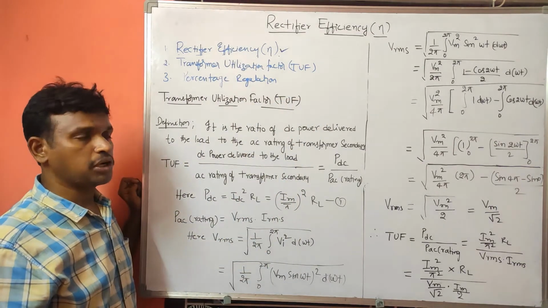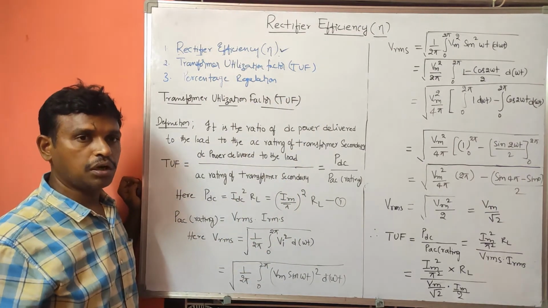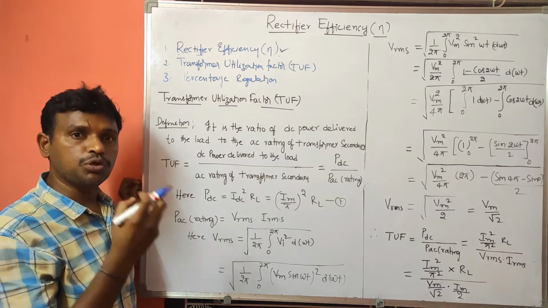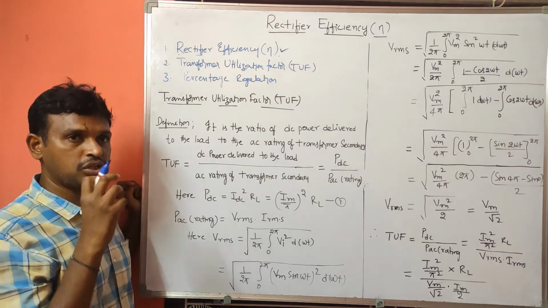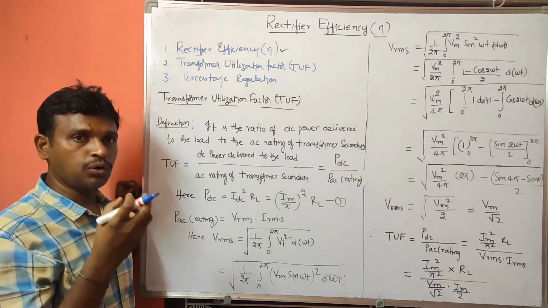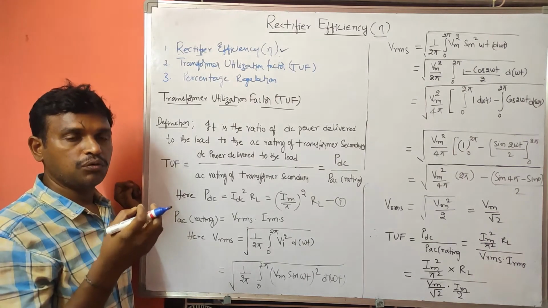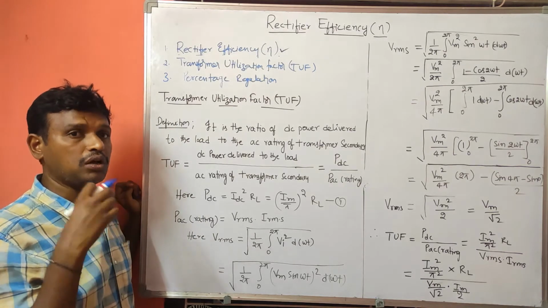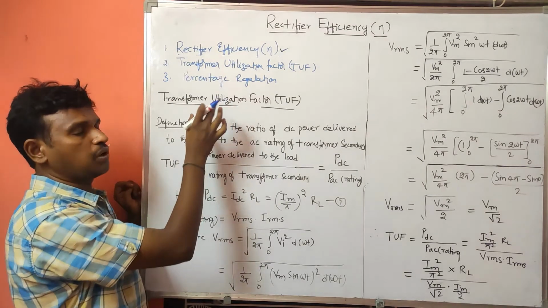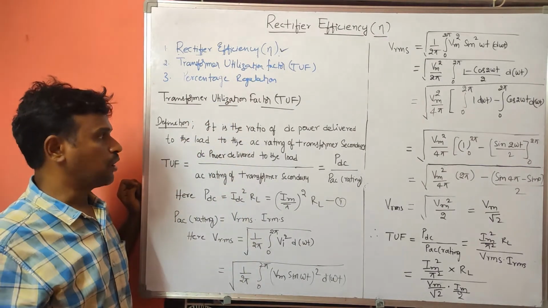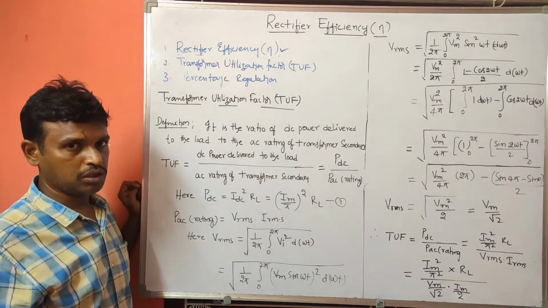What does transformer utilization factor mean? Here we are taking the input from the transformer secondary. How much AC power we are utilizing will be indicated by this transformer utilization factor. So what is the definition of transformer utilization factor?